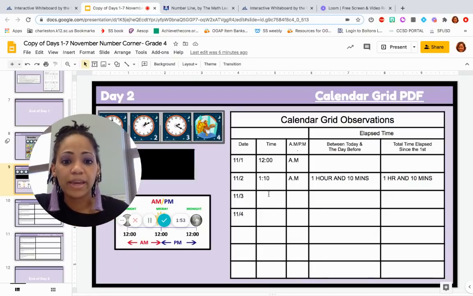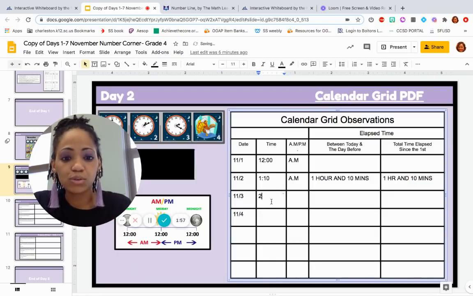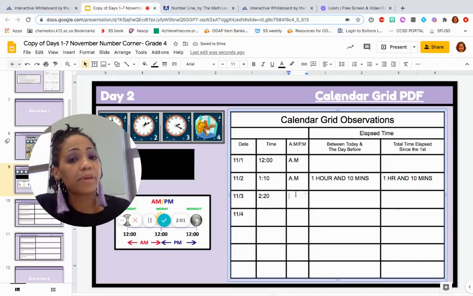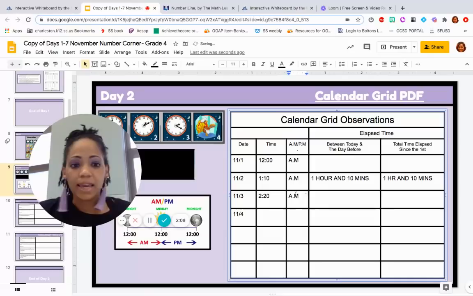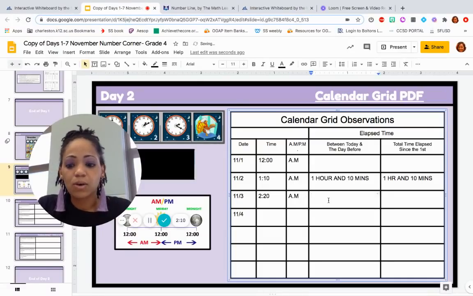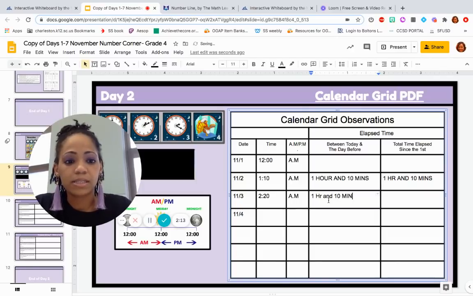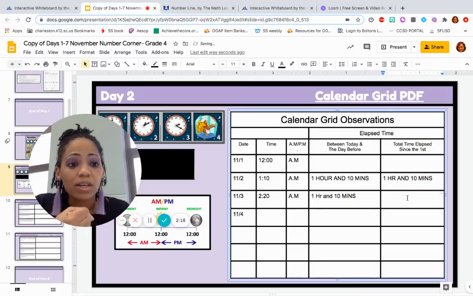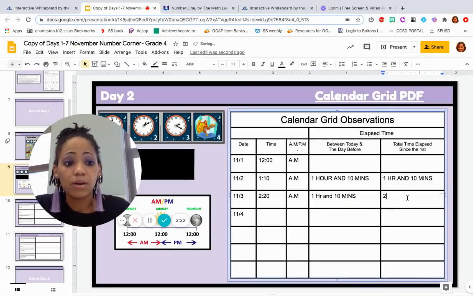So for the 3rd, we had 2:20, and is it a.m. or p.m.? It's a.m. It is before midday, right? And so 1 hour and 10 minutes have passed. And that gives us a total of how many hours and minutes right now?